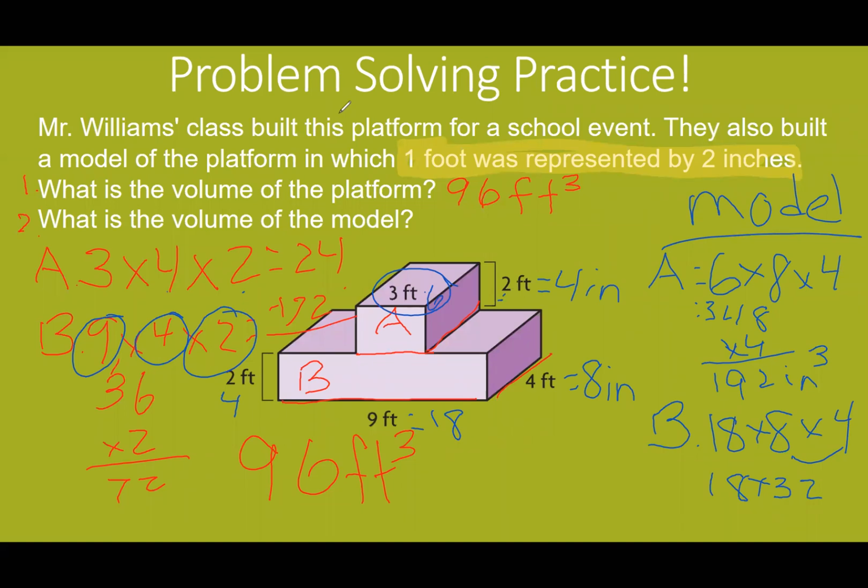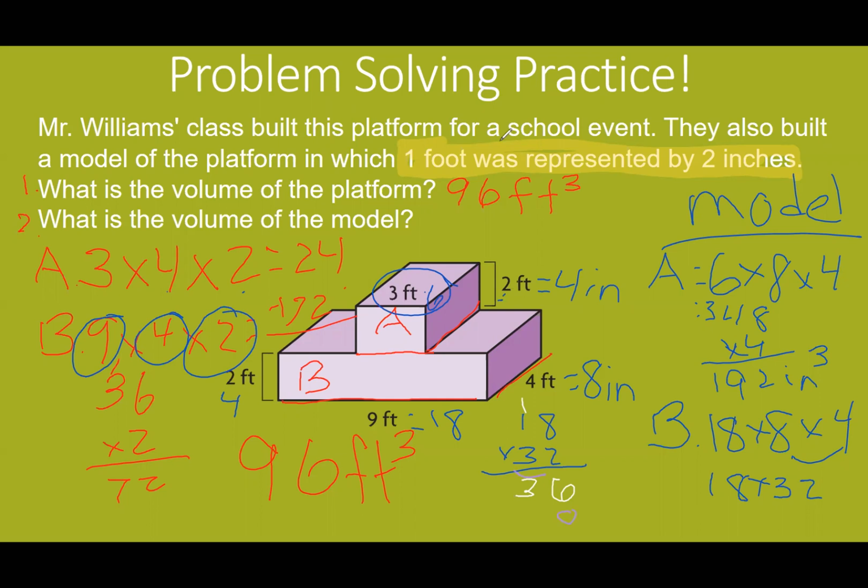Okay. So 18 times 32. 2 times 8 is 16. Regroup, carry that 1 over there. 2 times 1 is 2, plus 1 is 3. So 18 times 2 is 36. But now I need to work with that tens place, so I'm going to put my 0 there.